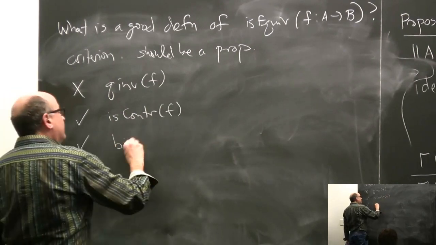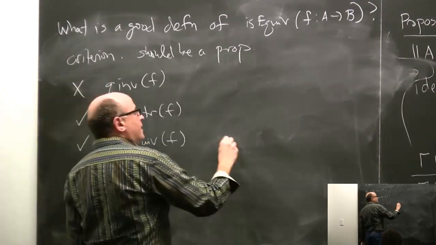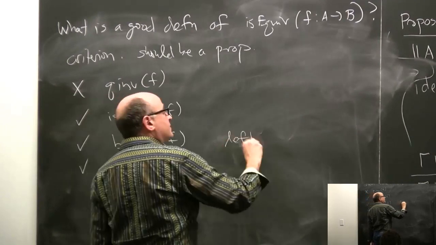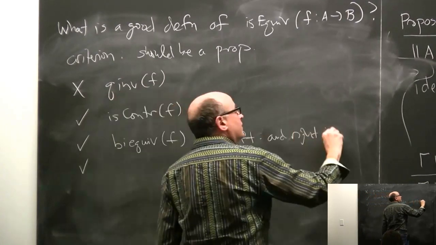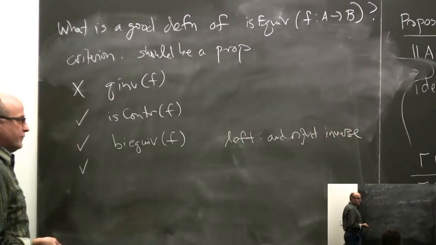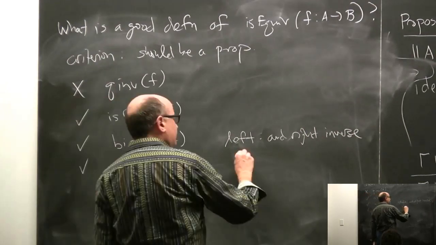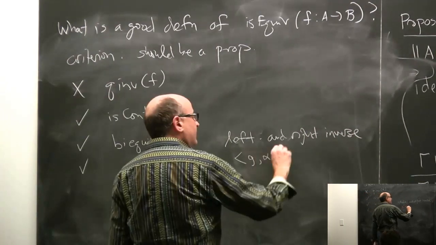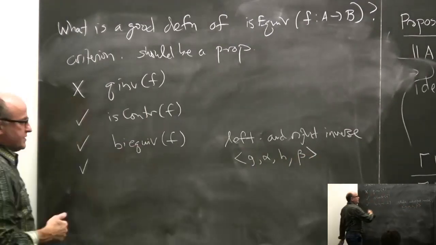There's another one called the bi-equivalence, and this is the one we mentioned before, which is you have a left and a right inverse, which are given separately with proofs that they are left and right inverses, so that you have G and an alpha and H and a beta that inhabit the bi-equivalence type.